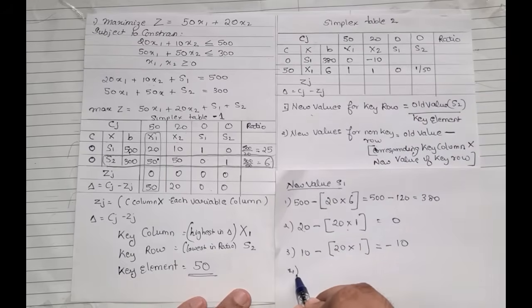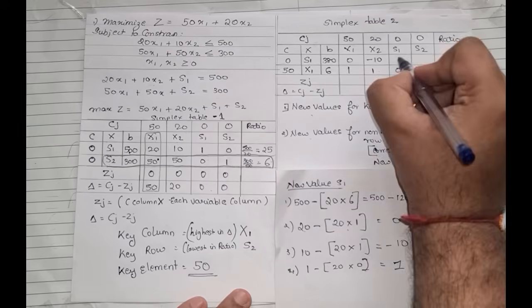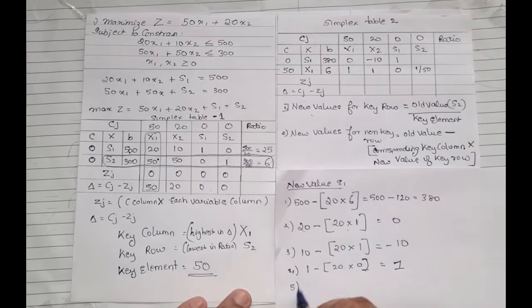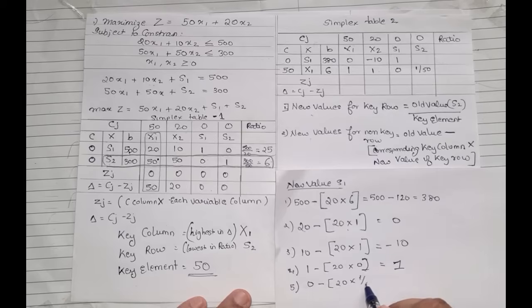For the fourth one, the old value was 1 minus 20 into 0. 20 into 0 is 0, so we get this answer as 1. And lastly, the old value was 0 minus 20 into the new key row value, that is 1 upon 50.